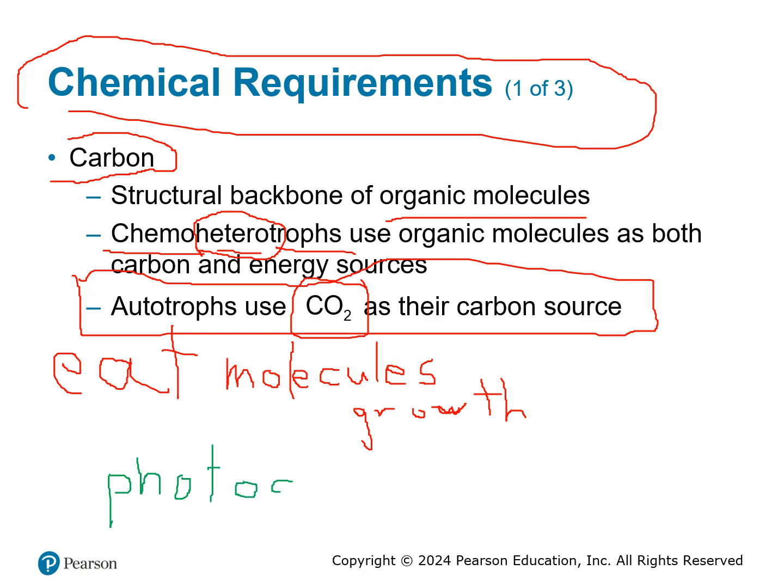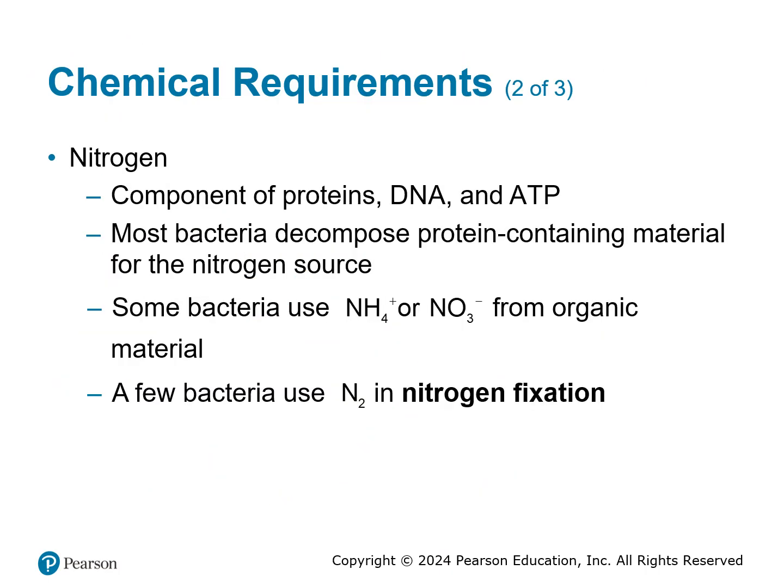They use photosynthesis to get the energy, and they stick the CO2 together to make their organic chemicals. Anything that's green is probably an autotroph, taking the CO2 out of the air to make its organic molecules. Organic has carbon and hydrogen.